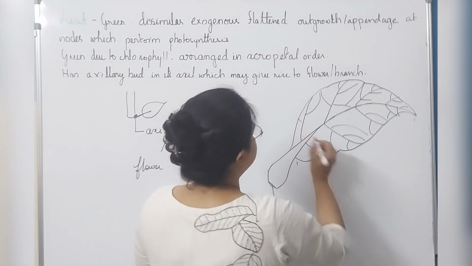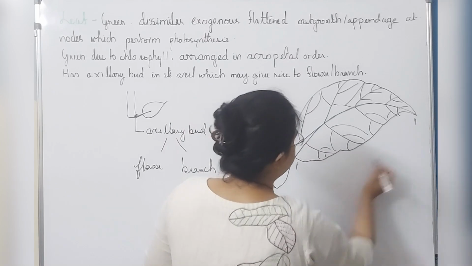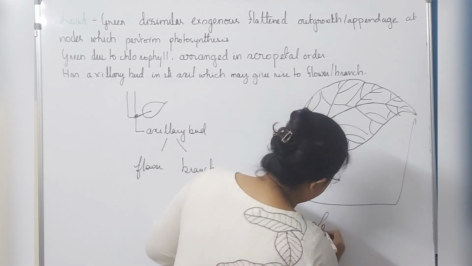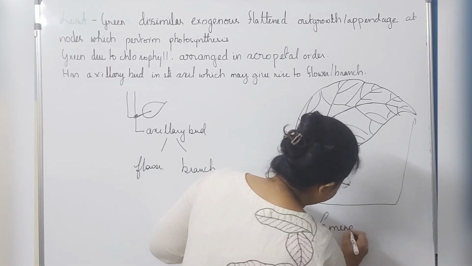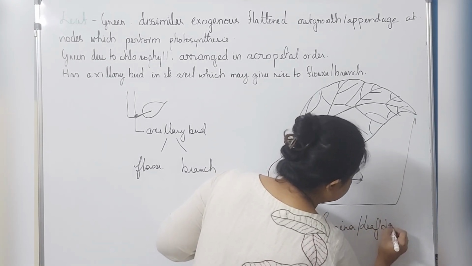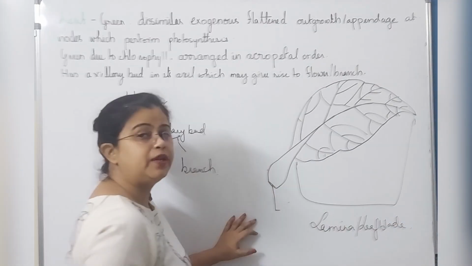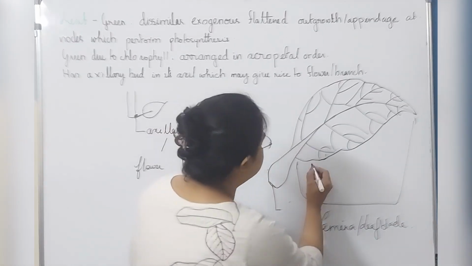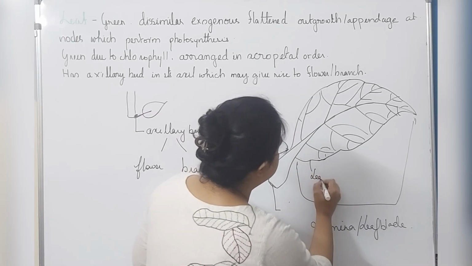This entire thing is called, from here to here, lamina or leaf blade. अब लीफ ब्लेड के अंदर क्या? These sides of the leaf is called the leaf margin.